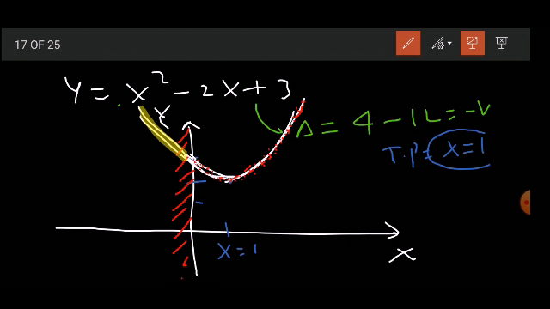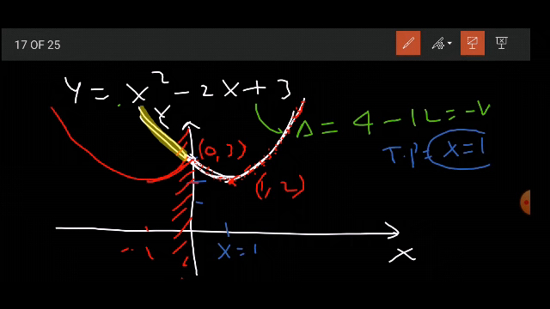This is where the dip is, the point 1 comma 2. So here the coordinate will become minus 1 comma 2, and this point is coming from 0 comma 3. From the 0 comma 3 point it goes like this way, and this is the graph.